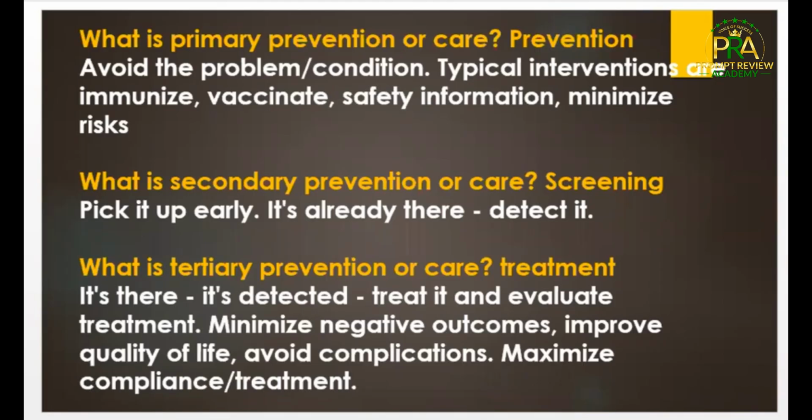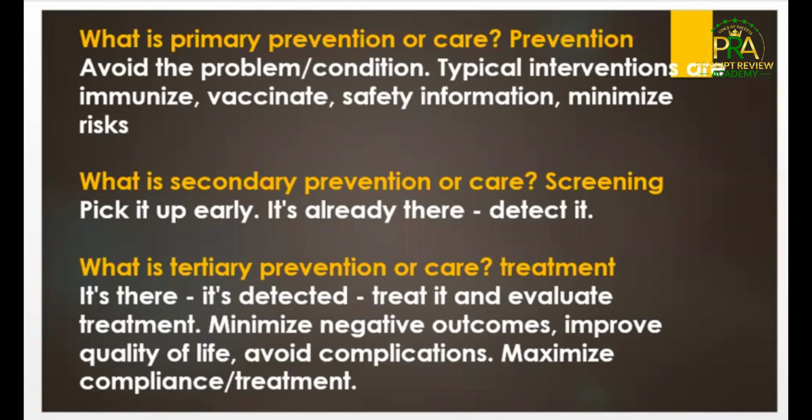Then your tertiary is your treatment. It's already there. You already detected it, so now you want to treat it. And you want to prevent negative outcome. You want to prevent worsening of the condition. You want to improve the quality of life. Like we said, somebody with intellectual disability is not going to get better, except by miracle.